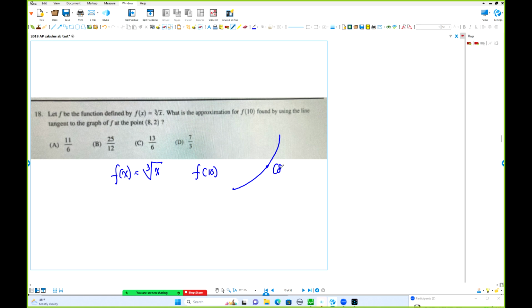Because f of 10 is very close to 8, we can use this tangent line to approximate the actual height, f of 10, by linear approximation.